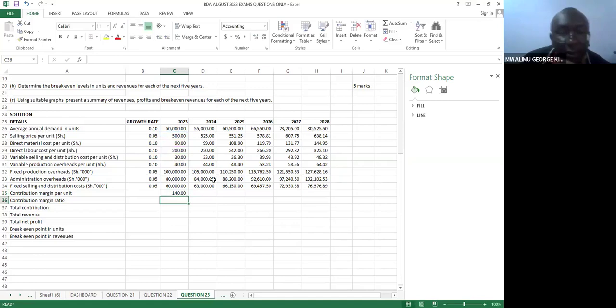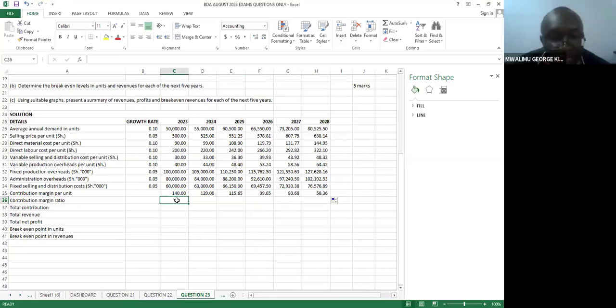Contribution margin per unit is given as the selling price minus the variable cost. So let's copy this one. Imeanza ile maneno ya kukibia kwa autofill. Yeah, so those are the contribution margins.